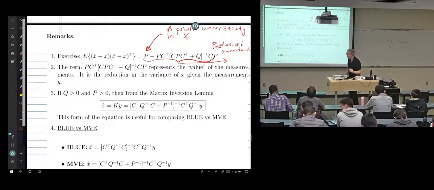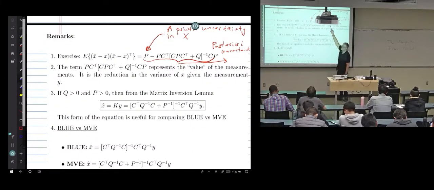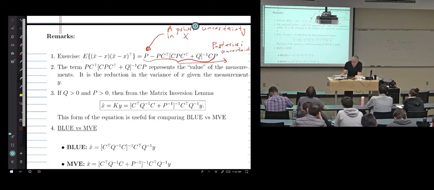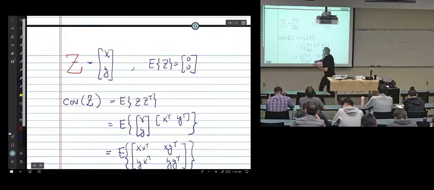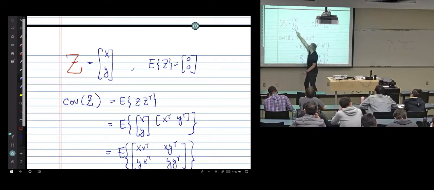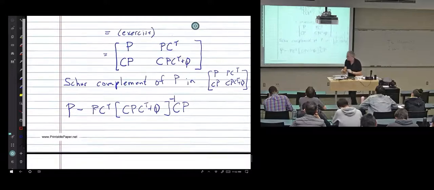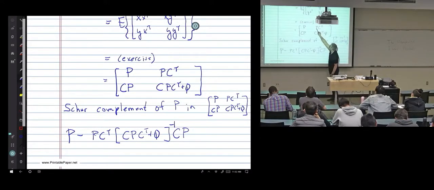Okay? It's this. Okay? The Schur complement of P, you see, X has a variance. Y is related to X. It's correlated with X. Here's the correlation between X and Y transpose, okay?